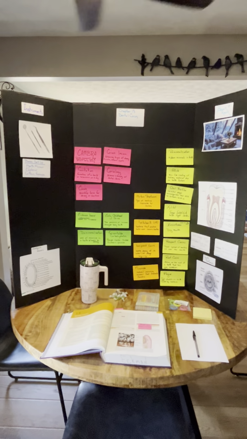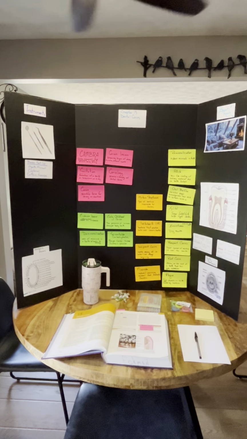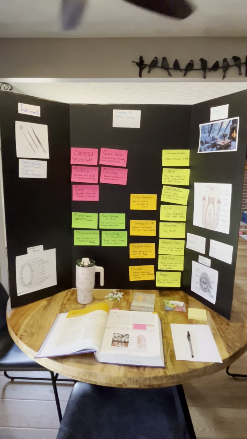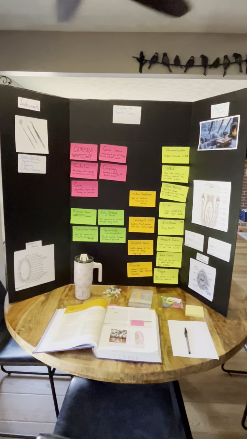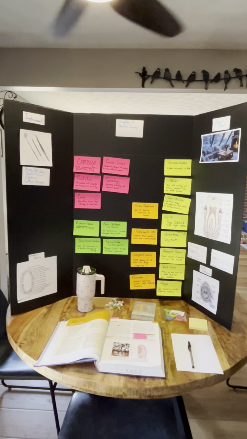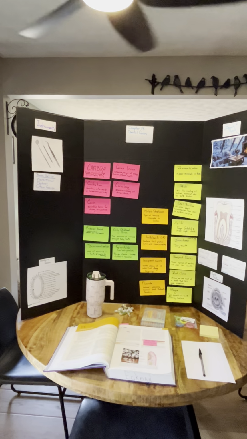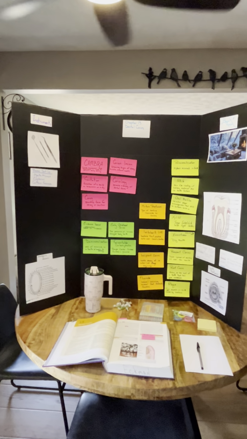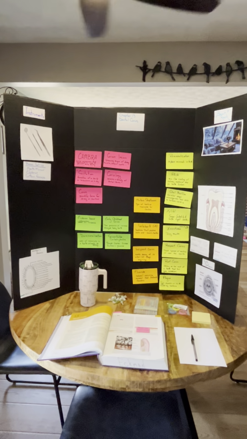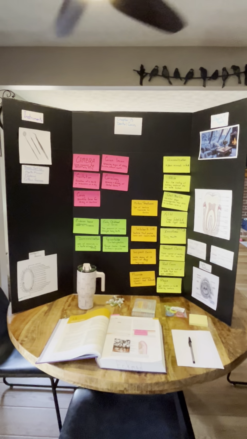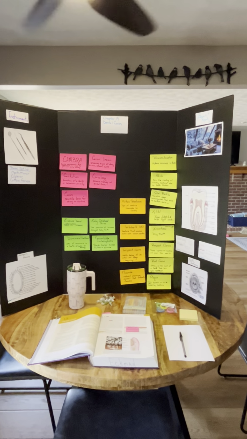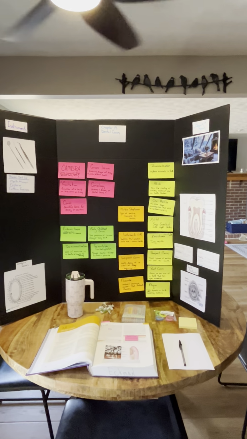But you'll see up in the left-hand corner, I have some pictures of instruments. Below that, I have some reminders of tooth numbers and the names of the teeth. These are just things that the student should already know, but maybe they get confused.